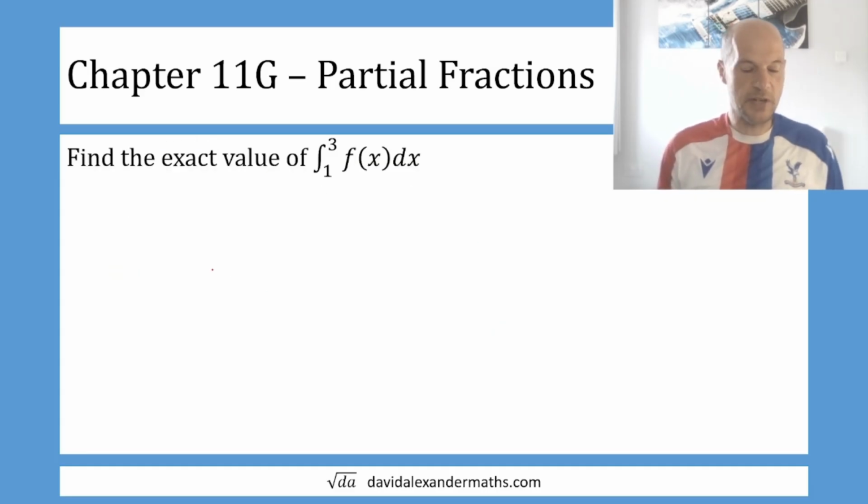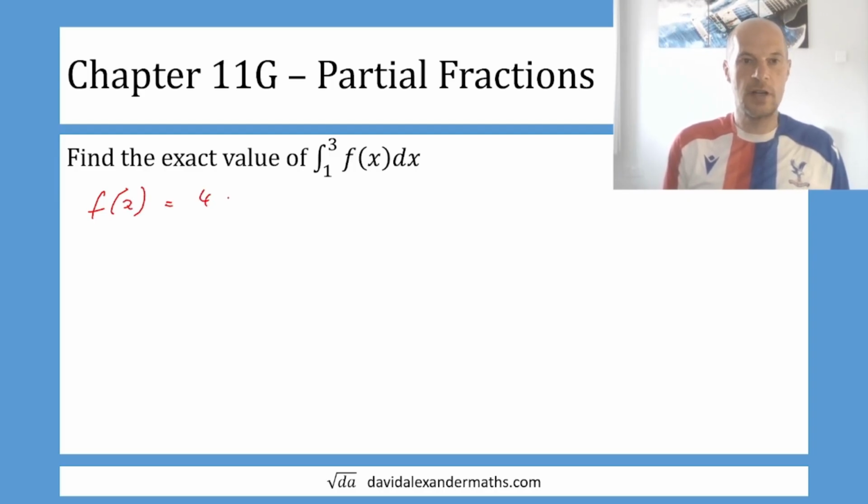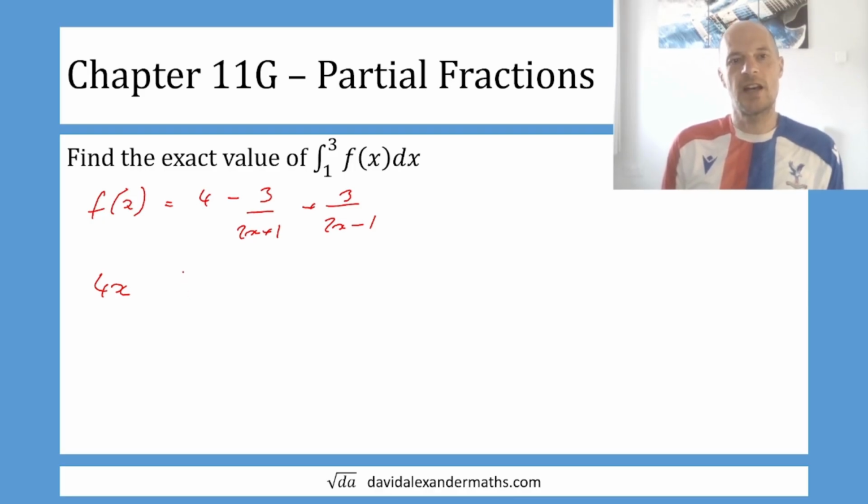So from the previous question, we know that f of x was 4 minus 3 over 2x plus 1 plus 3 over 2x minus 1. So what we need to do is just integrate this. The integral of 4 is 4x. The integral of negative 3 over 2x plus 1, well, I think it's the ln of 2x plus 1.